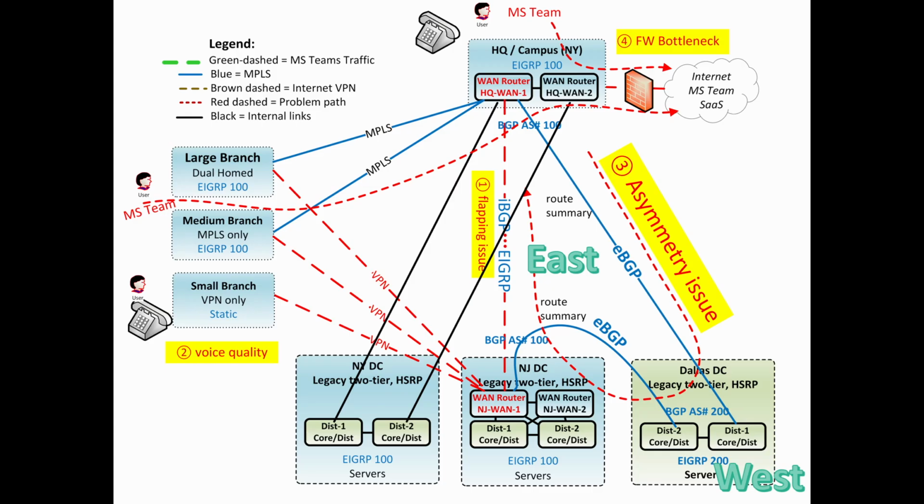This design directly creates the routing asymmetry. It is a root cause of the routing asymmetry. In addition, the redundant path passes through the connection between two data centers, Dallas and New Jersey, which is actually the data center interconnection, DCI link. Using DCI as a transit path for user-to-server traffic introduces additional complexity and contributes to the asymmetry problem.